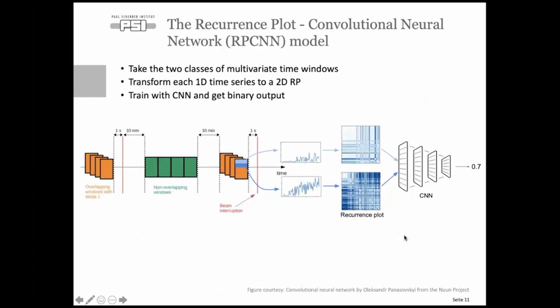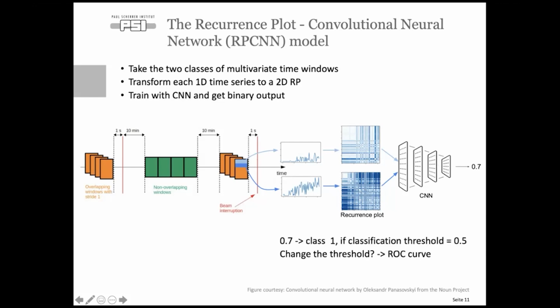Now I will give you an overview of our RPCNN model, the recurrence plot convolutional neural network model. First, we take the two classes of multivariate time windows, and we transform each one-dimensional time series to a two-dimensional recurrence plot, as shown here. Then we train on these images with a convolutional neural network, and we get a binary output.